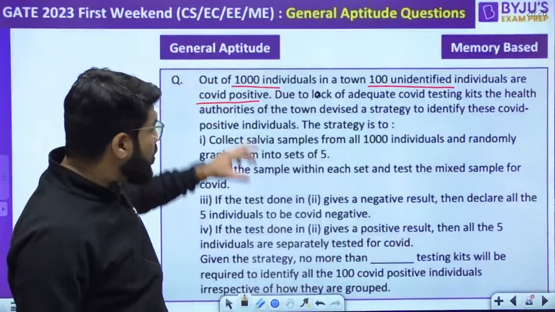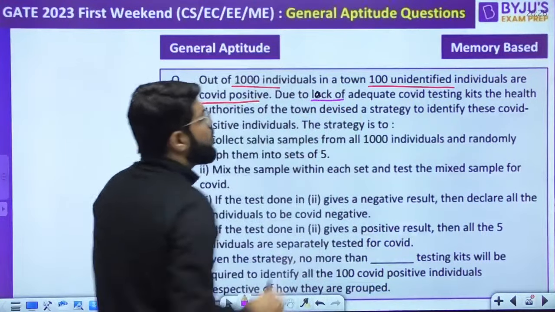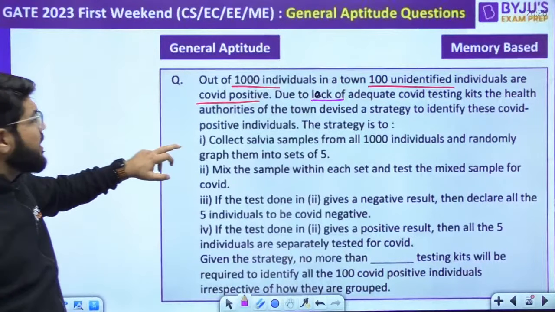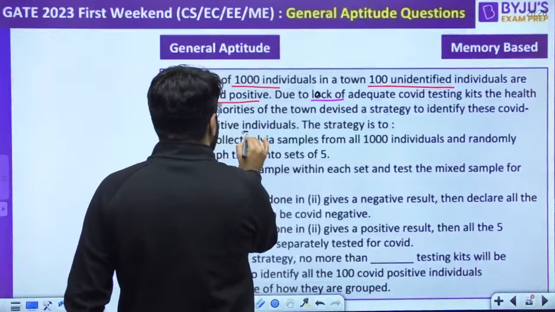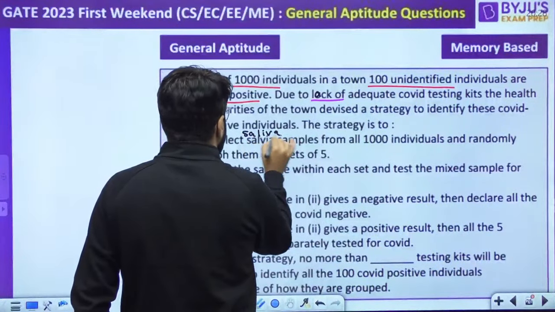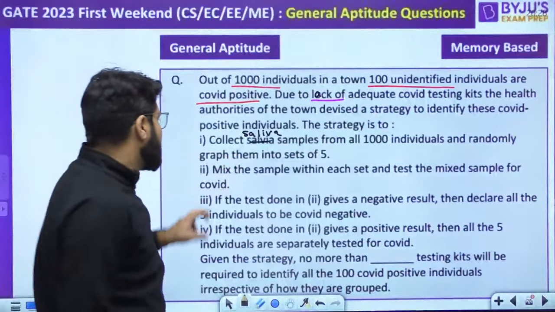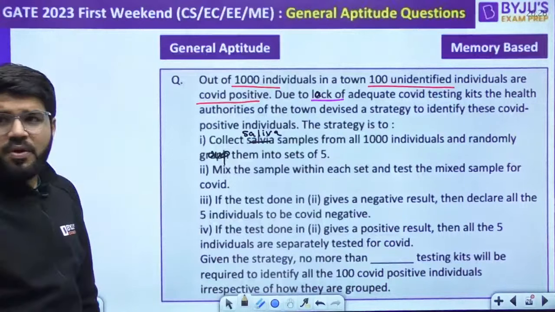But due to the lack of adequate COVID testing kits, there was a strategy. Collect the saliva samples from all 1,000 individuals and randomly group them into sets of 5.